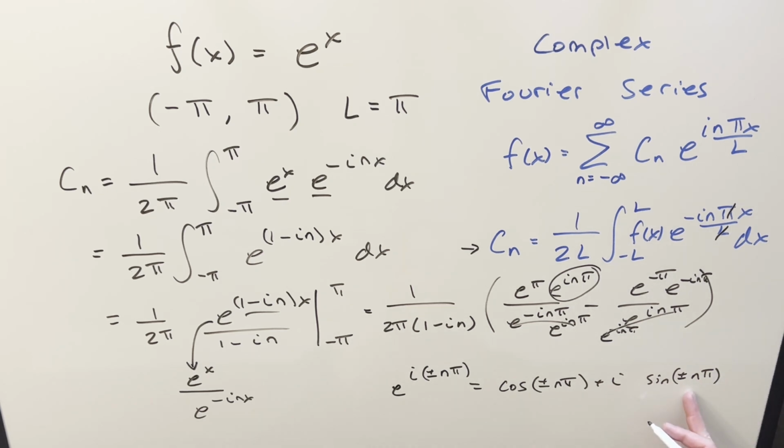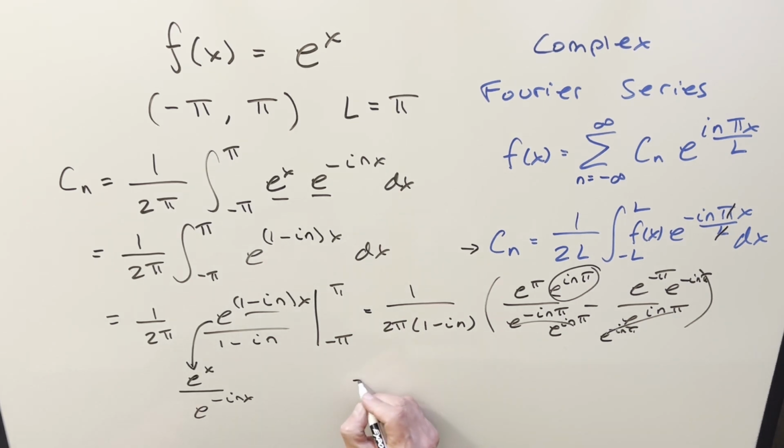But here, with integer multiples of pi, sine's always 0, so this part goes away. Cosine's an even function, so it doesn't care about plus or minus. The odd terms are all going to be minus 1, at pi, 3 pi, 5 pi. The even terms are just 1. So I can write this thing as minus 1 to the n.